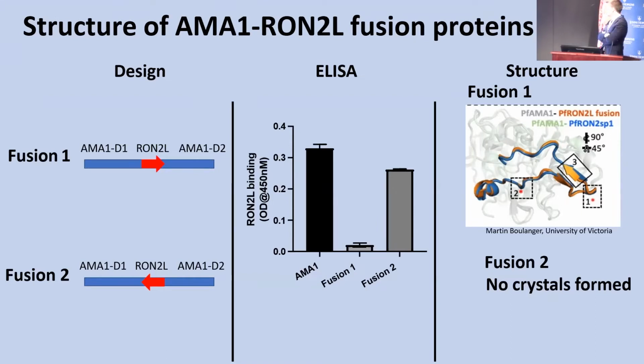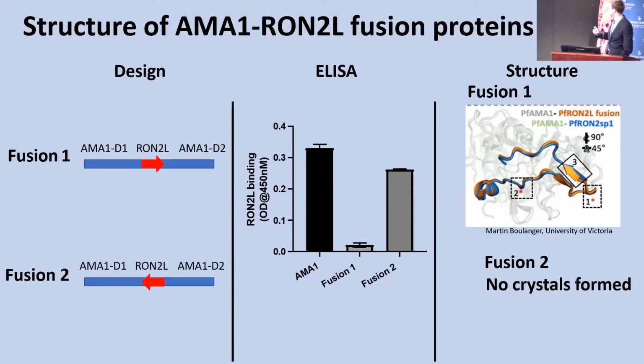We did an ELISA shown in the middle, looking at the ability of free RON2L to bind to fusion protein 1, AMA1, and fusion protein 2. As expected, we see significantly decreased binding to fusion protein 1 in the middle, and moderate decreases in binding to fusion protein 2.